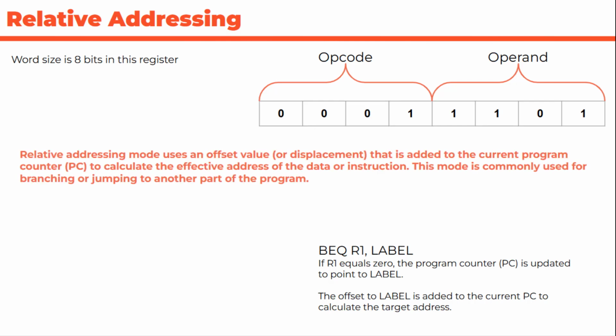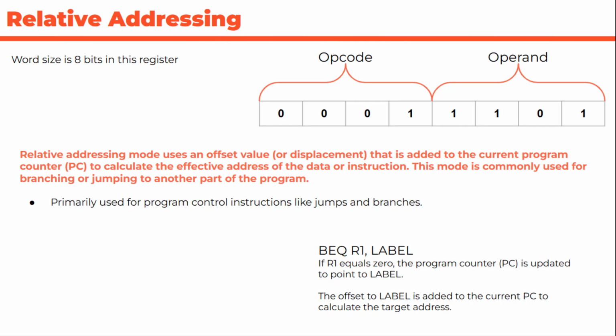Relative addressing mode uses an offset value or displacement that is added to the current program counter to calculate the effective address of the data or instruction. And this mode is commonly used for branching or jumping to another part of the program.